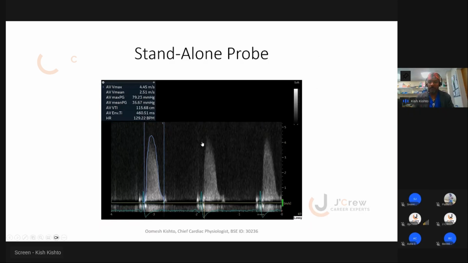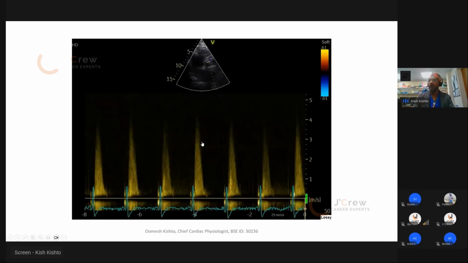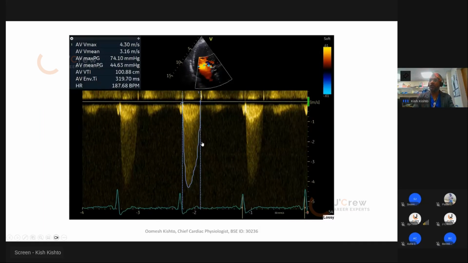And rightly said, if it is heavily calcified, sclerotic, or not opening well. But the reason we are not getting it is because we are not aligned properly with the flow. That's why I was saying, if you get your probe, even for this one, my probe is aligned there.